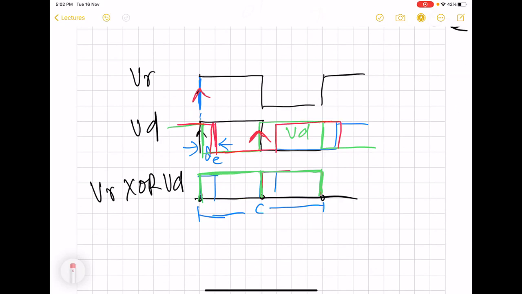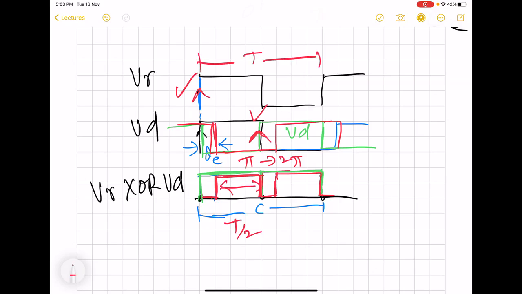So the pulse width has decreased, and as we further increase the gap between these two edges from pi to 2 pi, this width is going to decrease from T by 2, where T is the complete cycle, to 0.